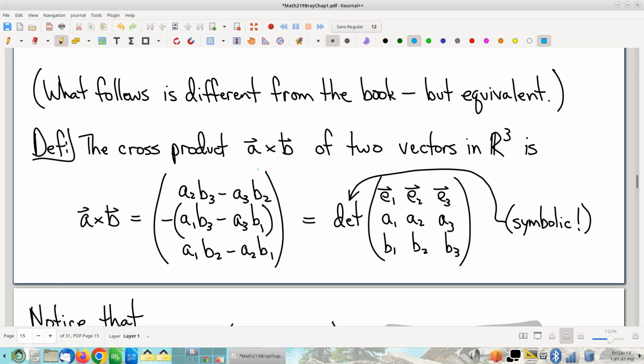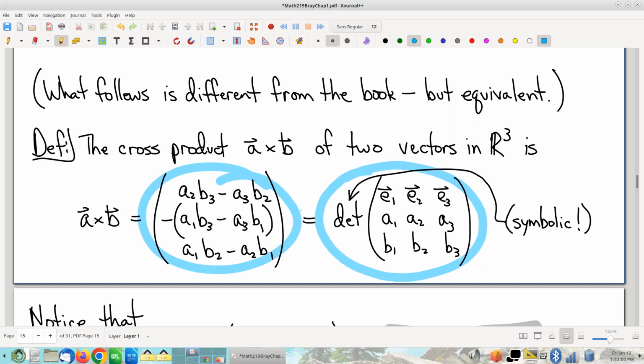Okay, first thing you're going to notice is that each one of these coordinates is itself a little 2x2 determinant. You may then further notice that the whole thing is a kind of 3x3 determinant, asterisk. Technically, this isn't really quite a determinant because a determinant is something you do to a matrix.